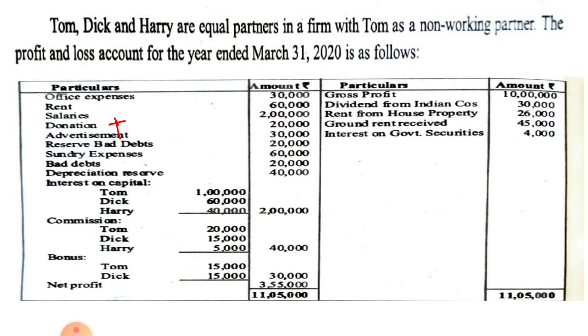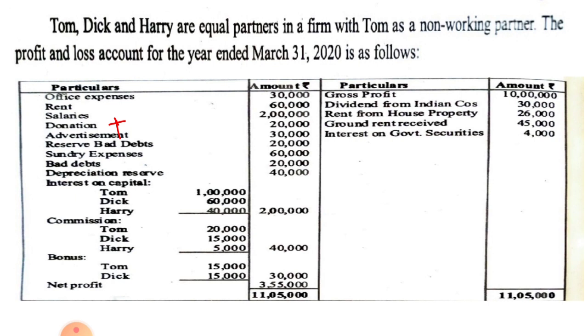See the credit side, gross profit is given 10 lakhs. Next, see dividend from Indian companies 30,000, rent from house property 26,000, ground rent received 45,000 and interest on government securities 4,000. All these four items are other incomes, that is income from other sources.